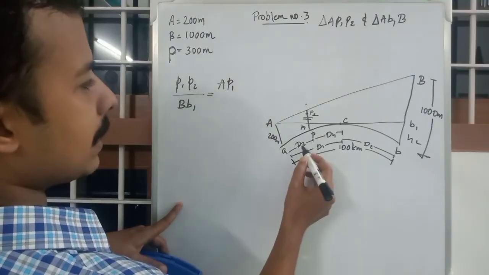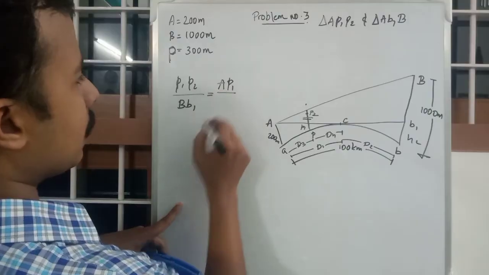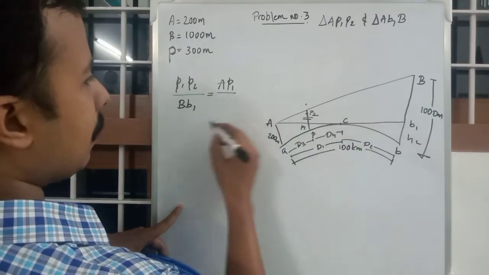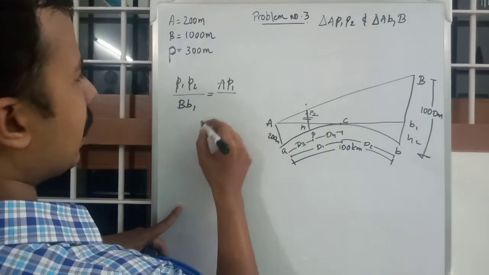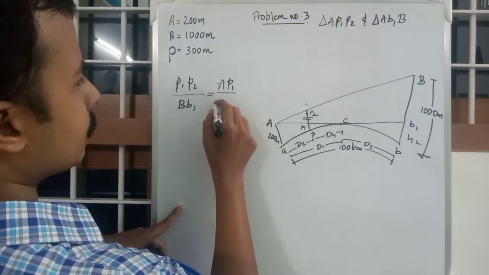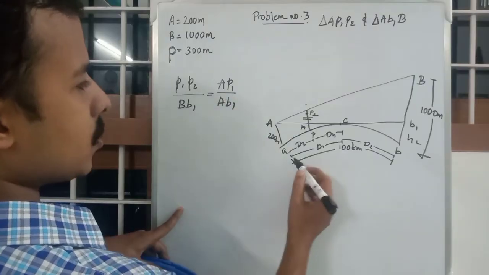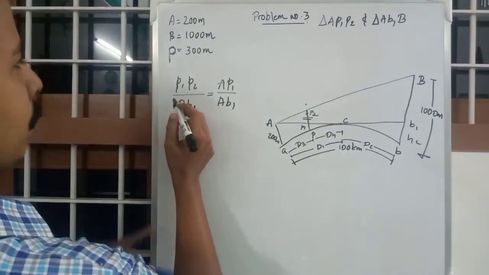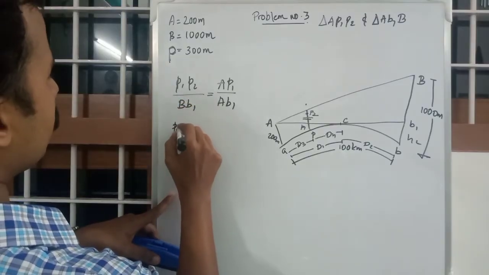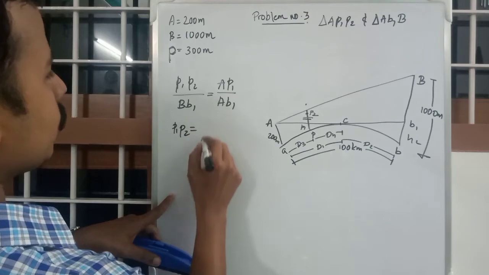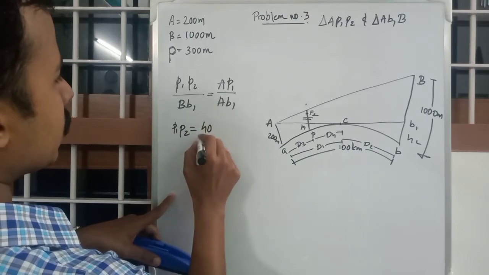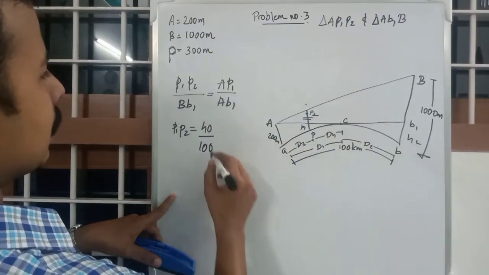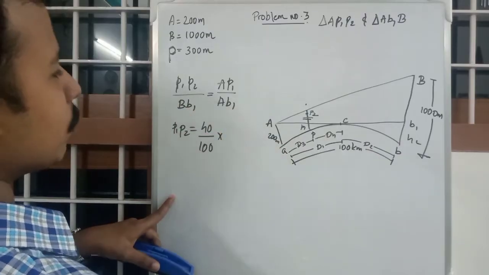AP1 is D3, 40 kilometers, divided by AB or AB1, that is 100 kilometers. So P1P2 is equal to AP1, 40 kilometers, divided by 100, AB1, multiplied with BB1.